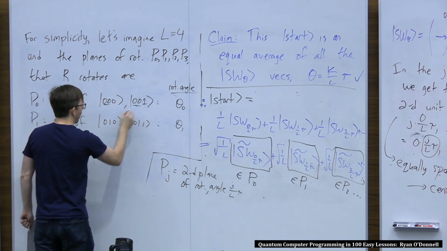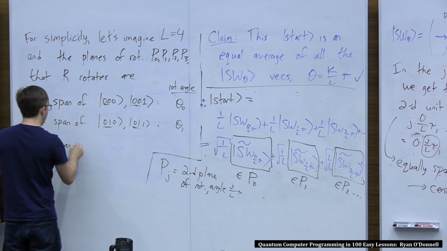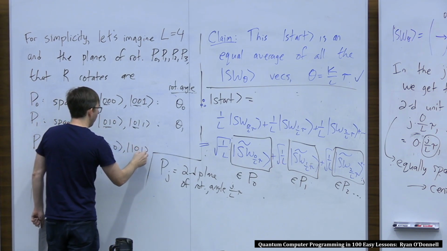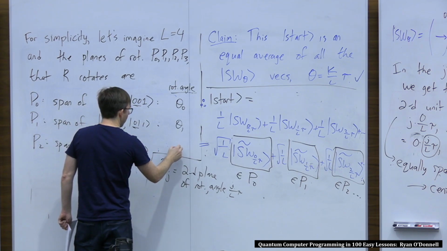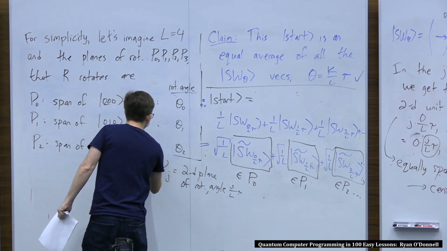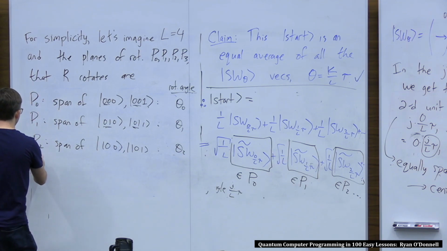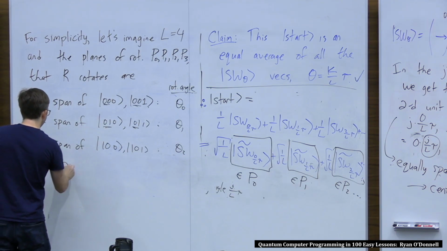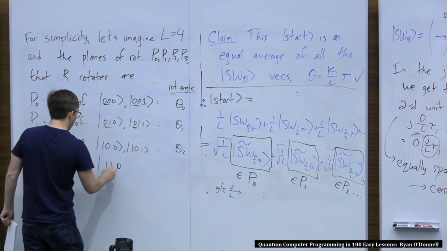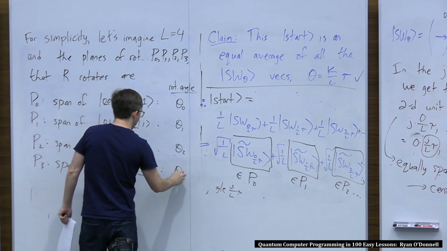So you should really focus on these first two coordinates. And P2 is the span of 1, 0, 0 and 1, 0, 1. And the rotation angle here is theta 2. And the last one, P3, is the span of 1, 1, 0 and 1, 1, 1, and has rotation angle theta 3.